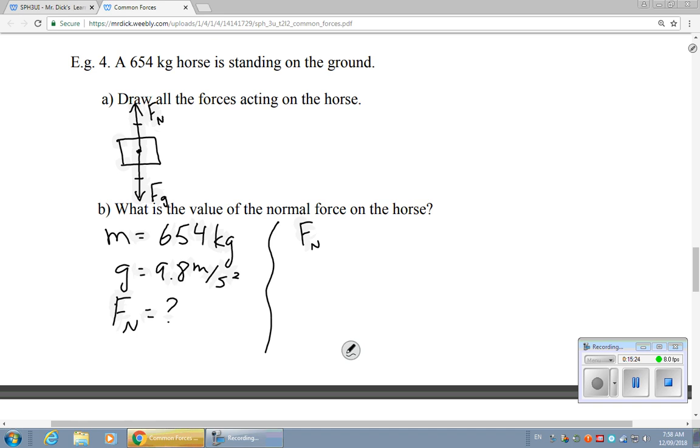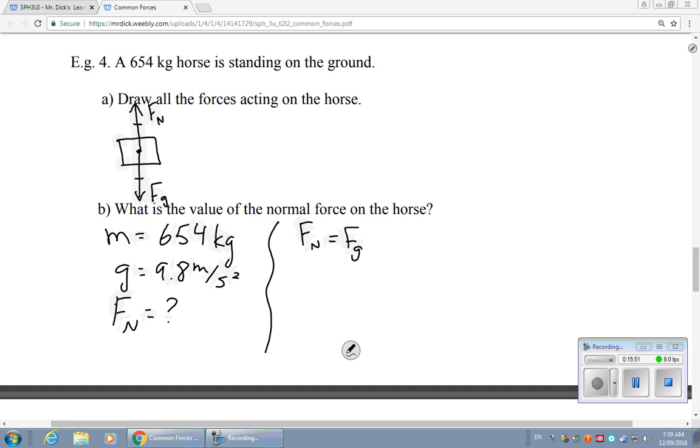So, for example, in this case, it's the gravitational force that's trying to pull the horse through the ground. And so normal force is just going to be exactly enough to completely equal the gravitational force. So in this case, we can make this simple statement that Fn is equal to Fg. That's not always true, but that happens to be true in this particular case.